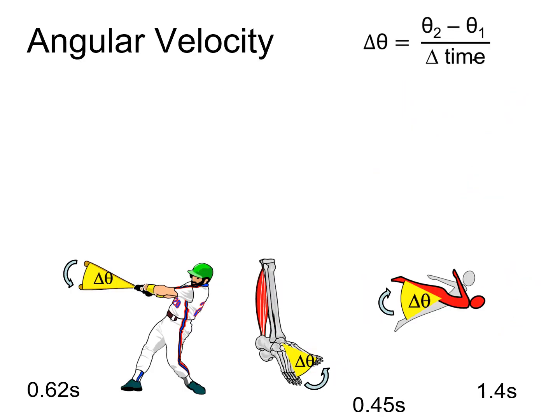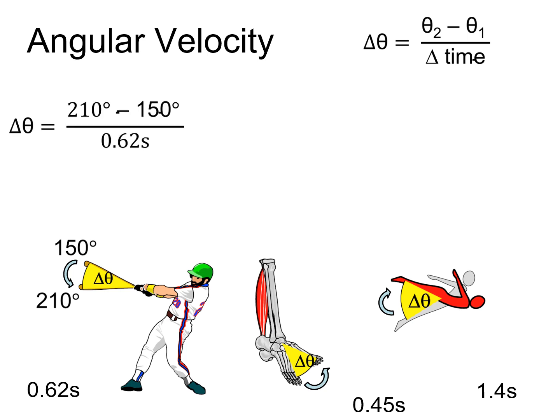So our angular velocity, once again, is a change in angular displacement over time. So let's look at those 3 examples again, but let's add time as a component so we can calculate our angular velocity. So we have 150 to 210. So we take 210 minus 150, and we'd have, I think it's 60 degrees.